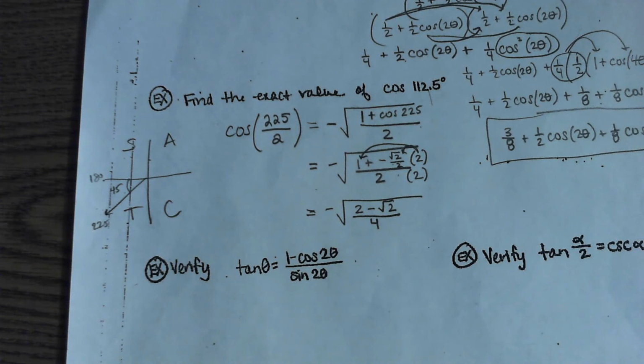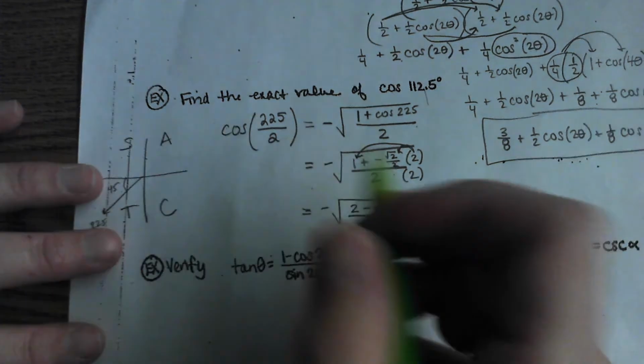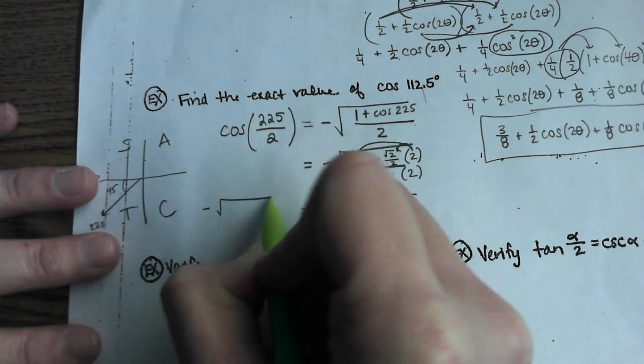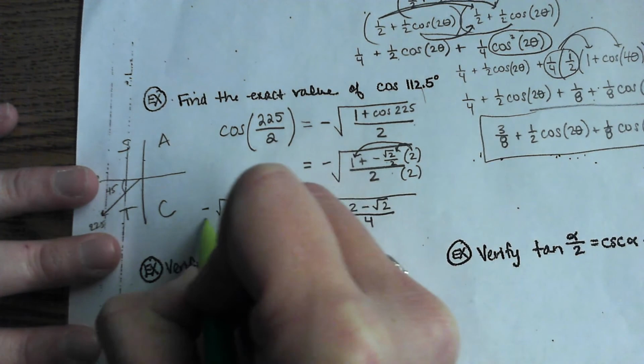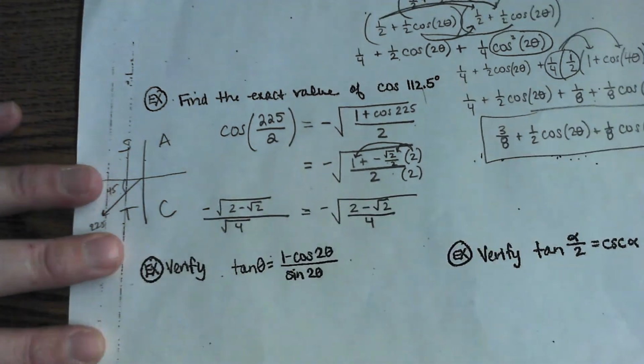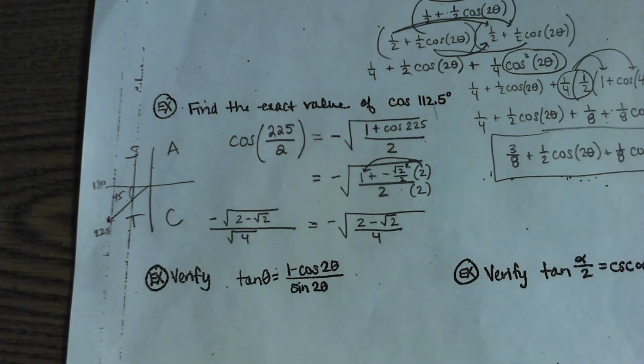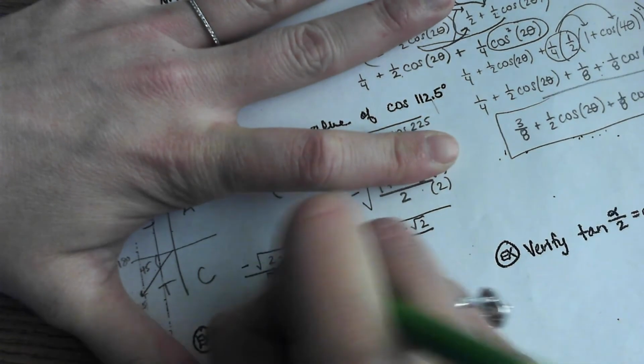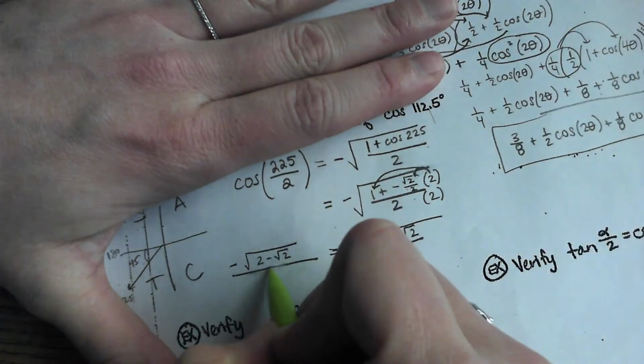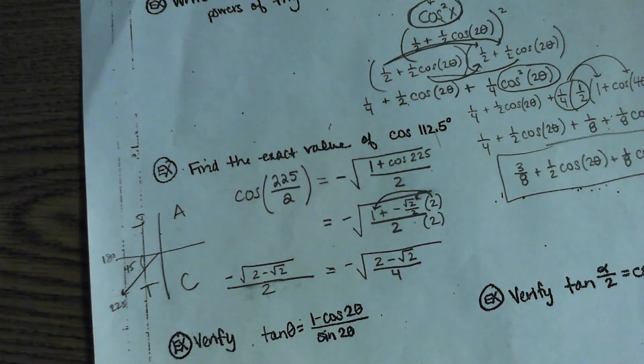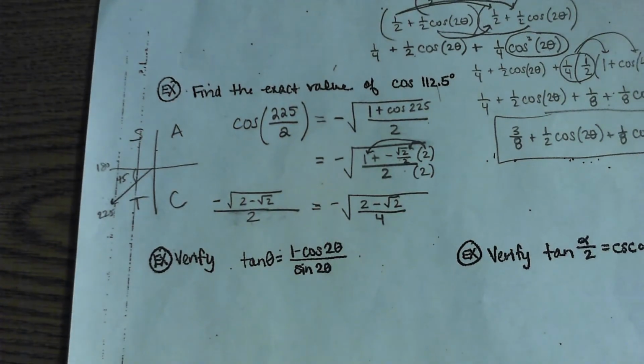On a multiple choice, you might see that as your final answer. Or, when you're taking the square root of a fraction, you're technically taking the square root of the numerator and the square root of the denominator, which looks like a very plausible thing here because the square root of the denominator is just the whole number 2. So you could get rid of that, and this might also be a way in which your final answer is expressed.